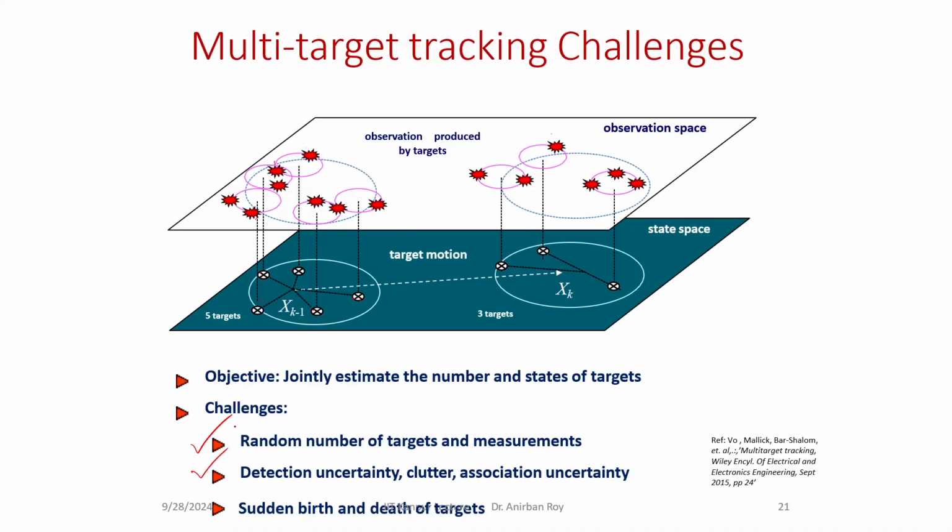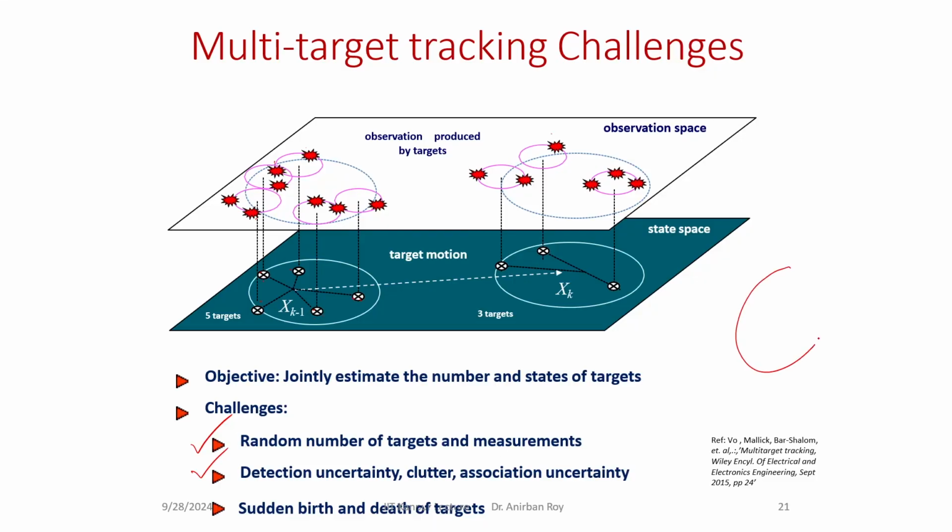Next, a very important thing is called association uncertainty. Suppose this is your actual target which you are maintaining. I will show you in the next part when I solve the problem: you have multiple measurements falling in one gate.